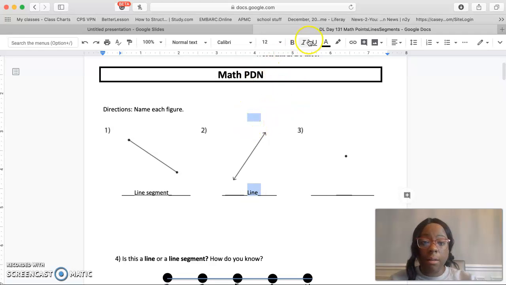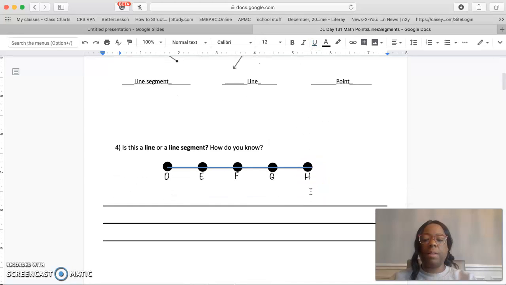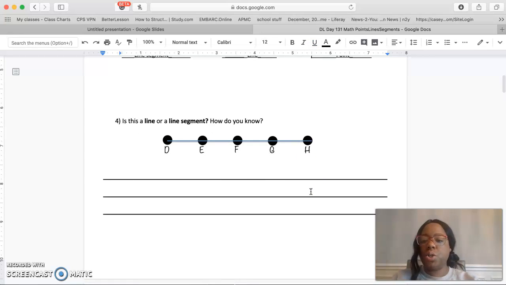What is that called? It is called a point. We call this a point when we're doing geometry. So make sure you guys are remembering the language that we use and that you're using it when we're talking about the subject.